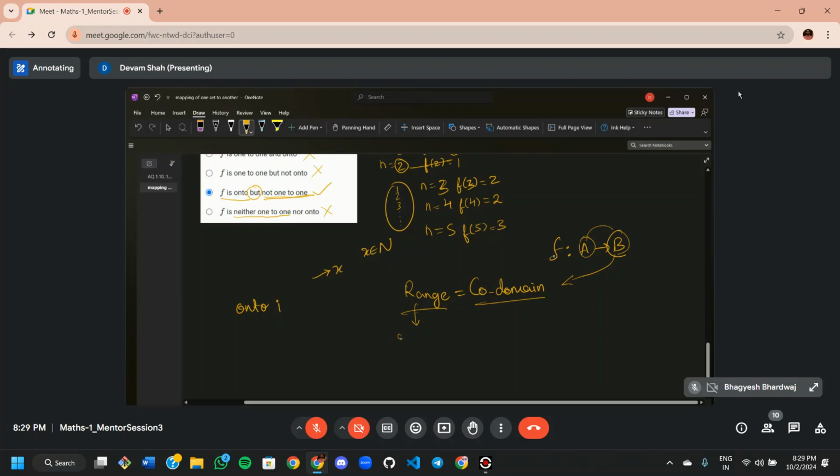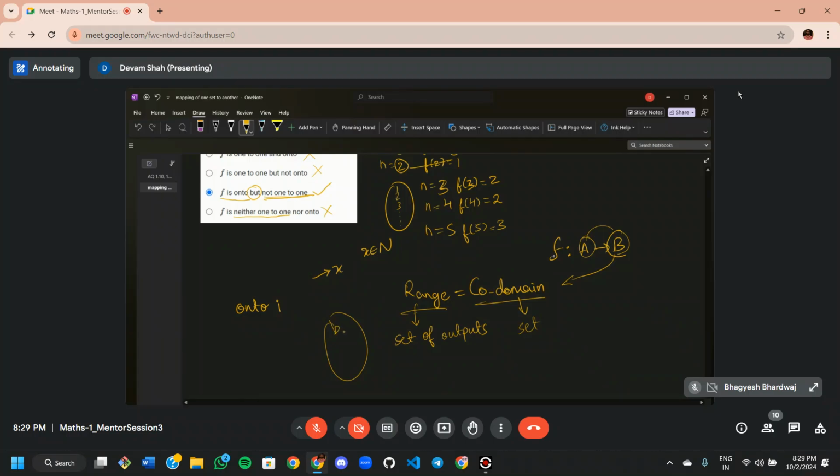Range is the set of outputs. Codomain is also a set, but it is not necessarily equal to the set of outputs, meaning that it can have this too.